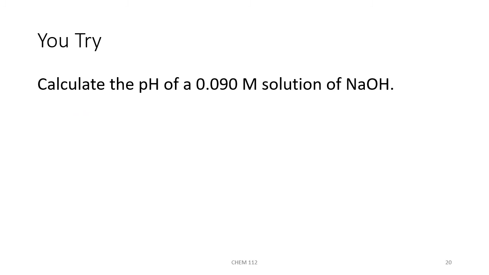Calculate the pH of a 0.090 molar solution of sodium hydroxide. So when we make a solution of sodium hydroxide, the solid sodium hydroxide will dissociate completely into aqueous sodium ions and aqueous hydroxide ions. In this case, we know that the sodium hydroxide solution was made up to be 0.090 molar.